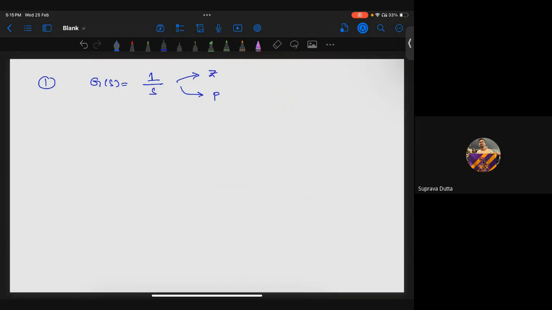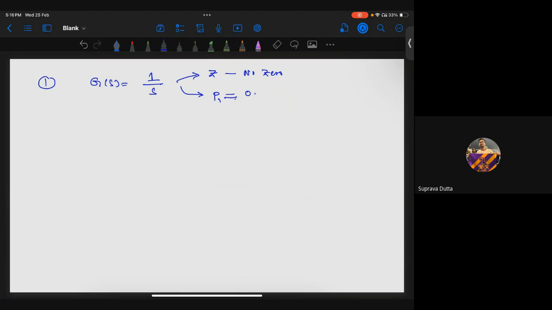There is no zero. The pole is only at s equal to 0, that is p1 equal to 0. Is this clear?